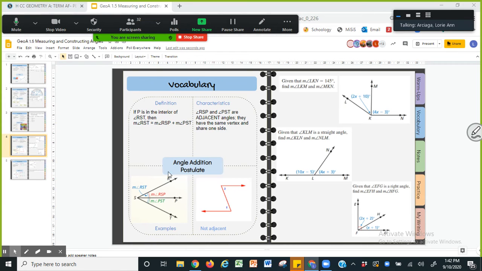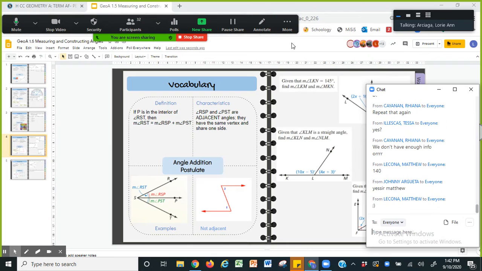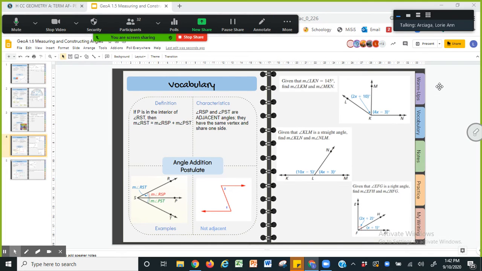If you remember in the first lesson we did, we had a segment addition postulate. And it said that if you have two shorter segments making up a whole segment, just add the two short ones to make up the whole, right? So for angles, we can do the same thing. If two angles are combined together and they share a side in the middle, then the measure of the biggest angle is actually the sum of the measures of the two smaller ones.